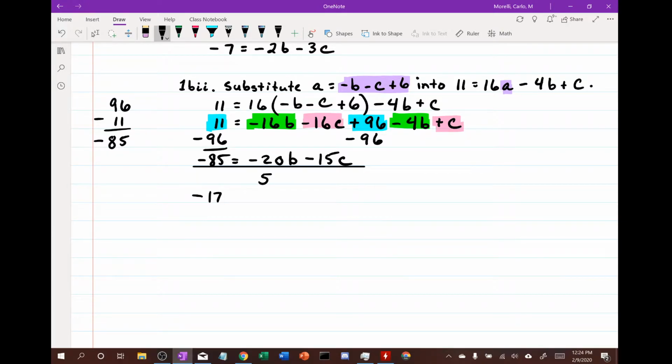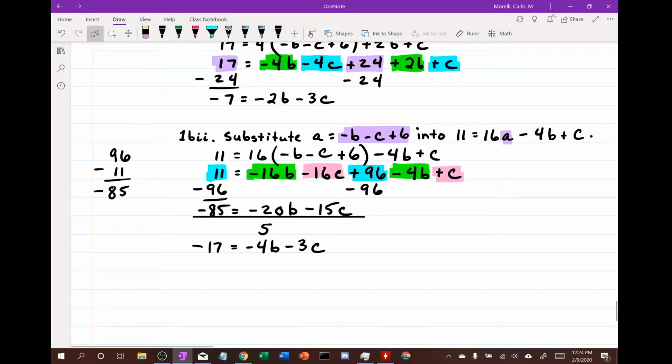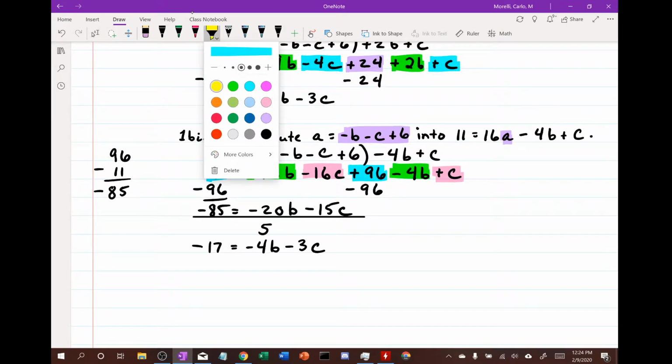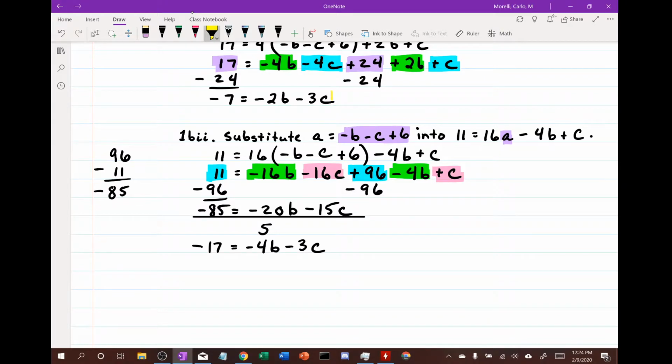So negative 17 equals negative 20 divided by 5 is negative 4b. Negative 15 divided by 5 is negative 3c. Okay? So these are my two equations that I will be using for the next step.